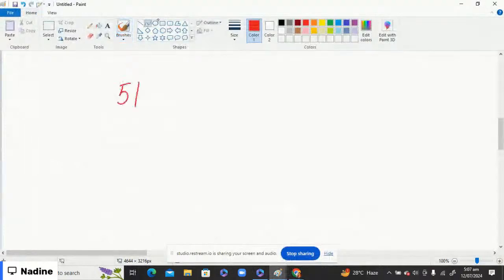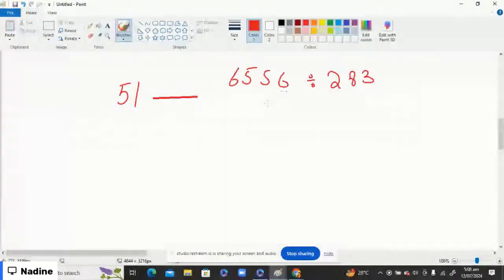You check which sign is here, and then the next number is 6556 divided by 283. First of all, we are going to change these numbers to their compatible numbers. 6556 can be changed into 6600, and 283 can be changed into 300.